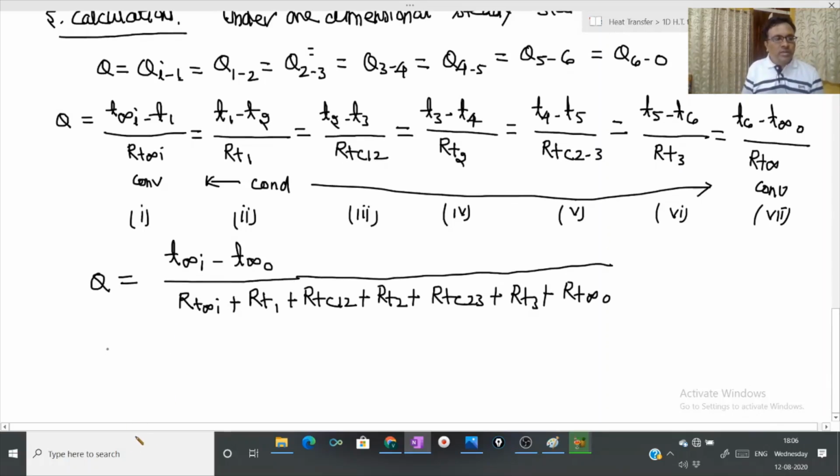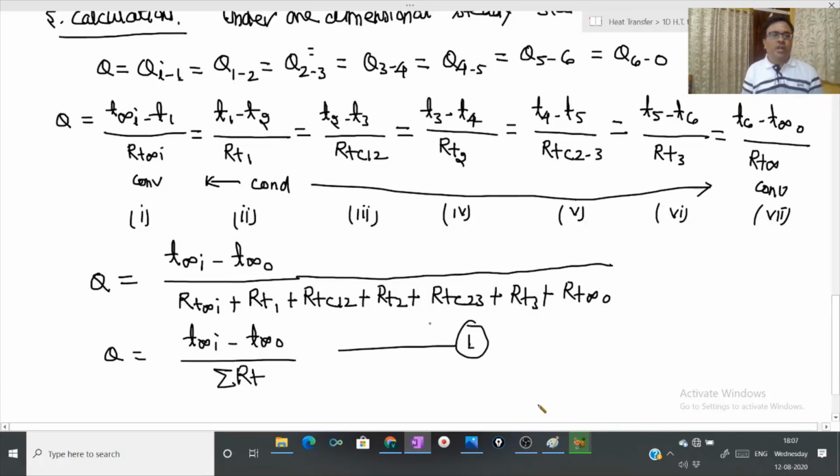And Q is nothing but T infinity I minus T infinity O over the summation of RT, the total thermal resistance. Let's say this is equation number 1.